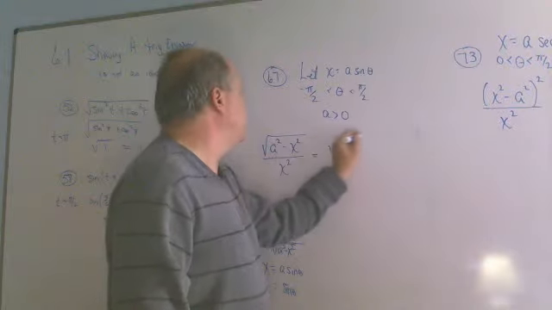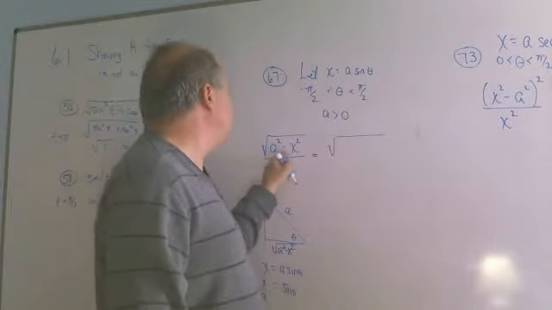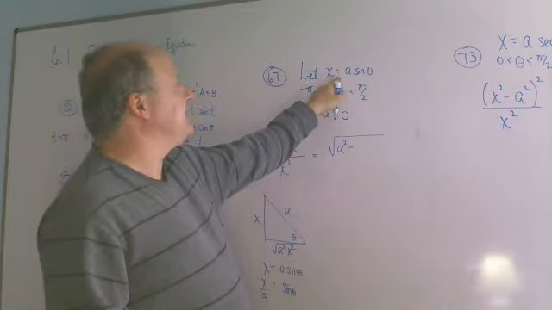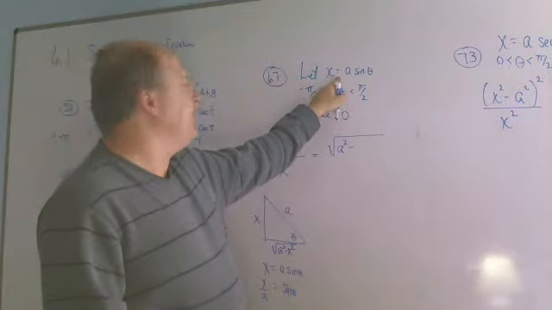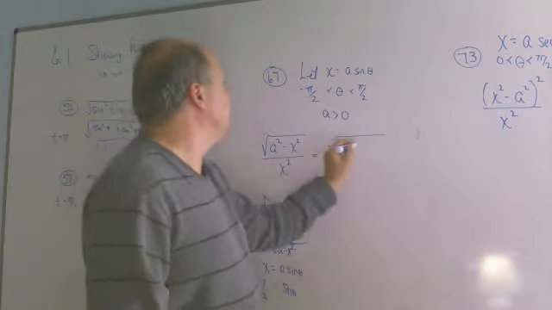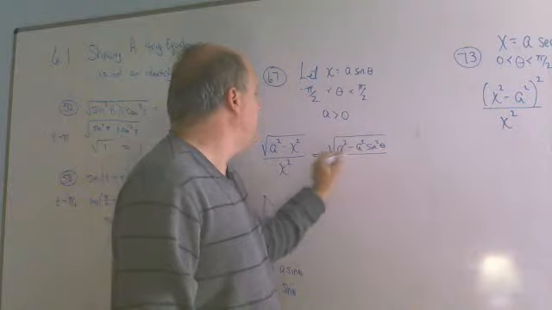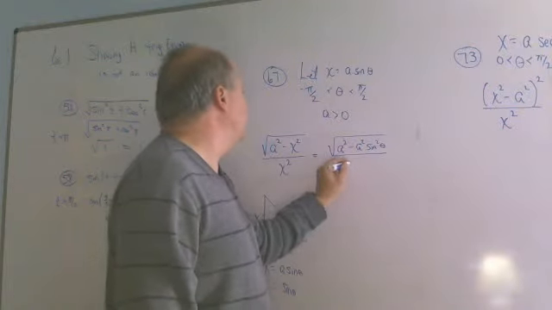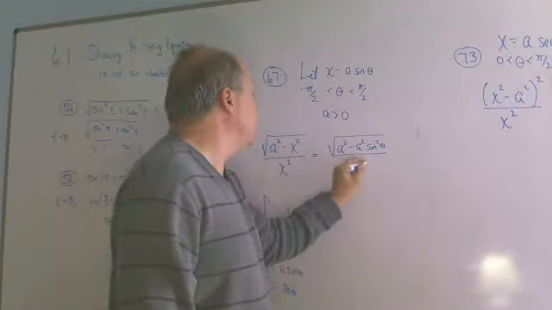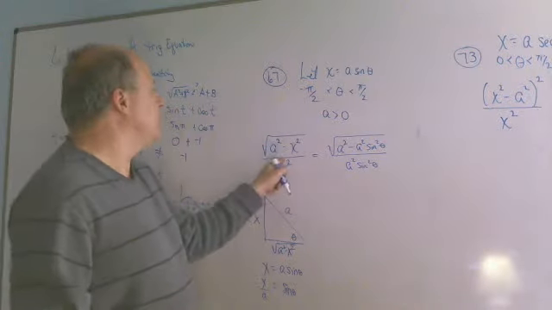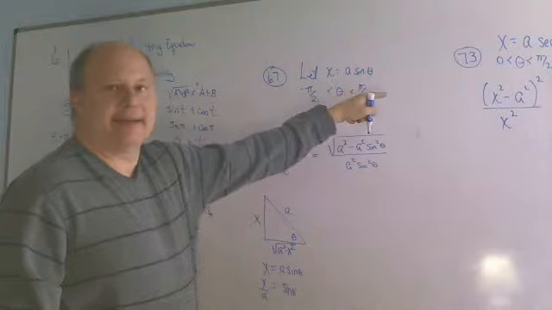You take the square root of a squared minus x squared. Well, what is x? By definition, x is a times the sine of theta. So if you square the x, it becomes a squared sine squared of theta. So I took the x out and replaced it with a sine of theta.